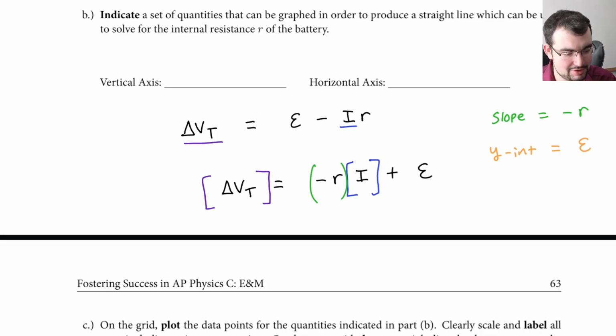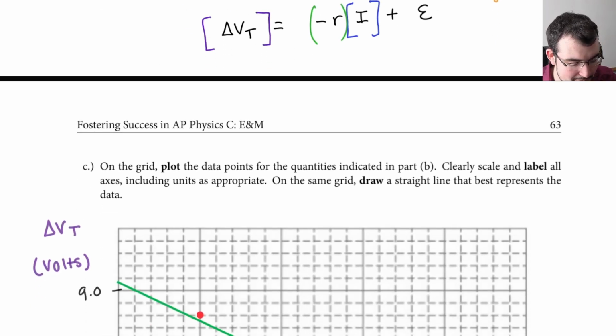That should make sense, because if you have no current in your circuit, you can't lose any voltage. You can't have any drop inside the battery, so the battery is at full strength. So we can just graph the terminal voltage on the y versus the applied current on the x. We can actually solve for two quantities here. That's why I said the EMF is unknown, because I can make you solve for it.